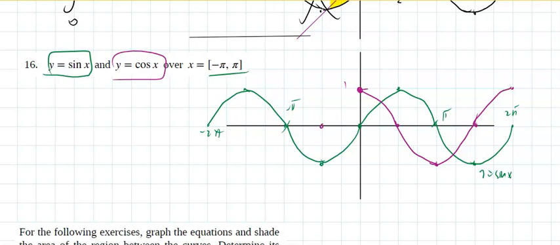And when they say the area between, they're talking about not only those.